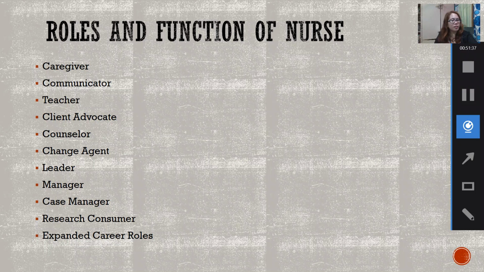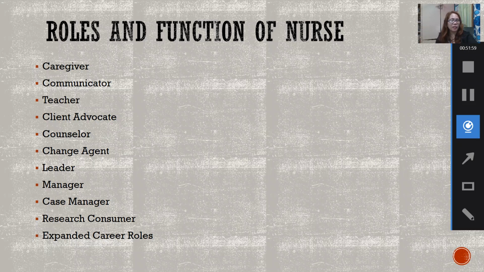And then, as a communicator, na-mention na rin natin yung communication a while ago, paulit-ulit. Kanino ka ba nakikipag-communicate? To your patient. When you are communicating with your client, you are assessing your client. You are gathering data. And the data that you gathered from your client, you need to share.